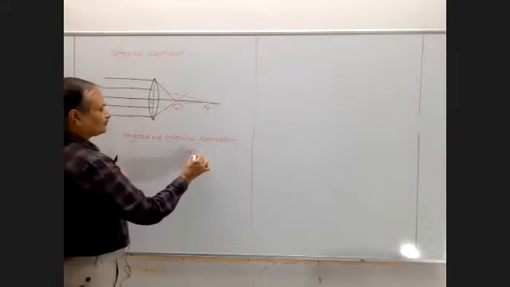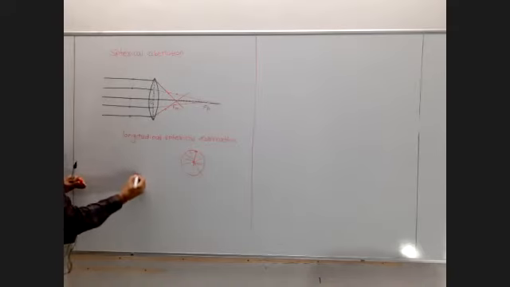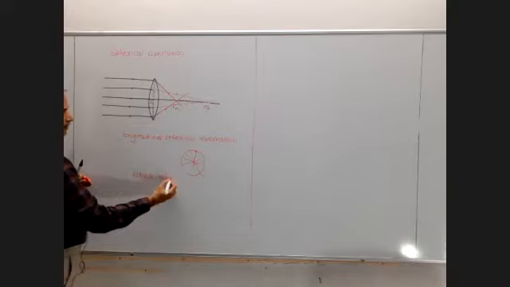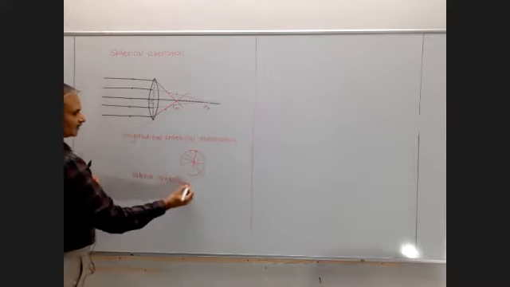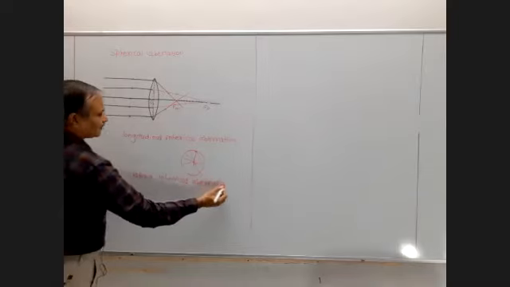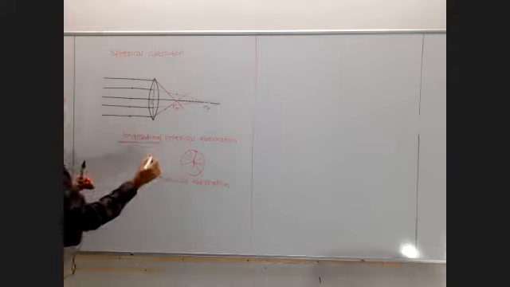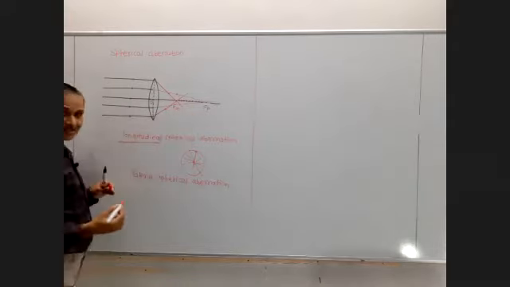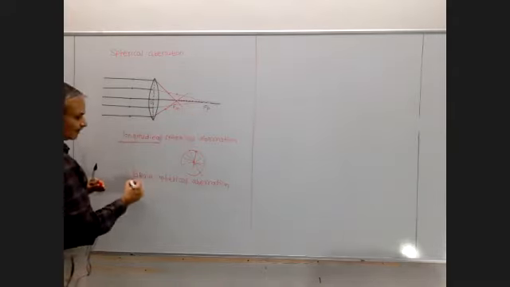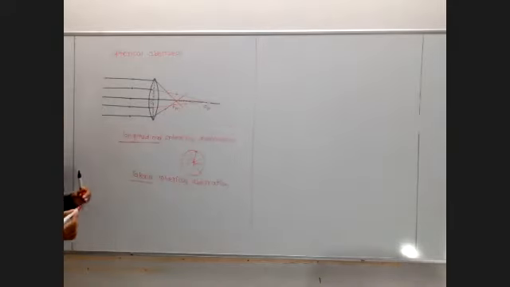And the radius of this circle is called lateral spherical aberration. It is called as lateral spherical aberration. Means remember, longitudinal spherical aberration is related to the distance and lateral spherical aberration is related to the radius.